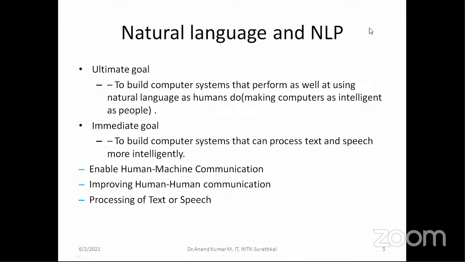Here I have a question for you guys. I explained what is meant by natural language, and what is meant by natural language processing research. I hope it's clear. Can you tell me any software related to natural language processing that you come across in day-to-day life? Quick answers in the chat box. Again, I'm repeating the question.